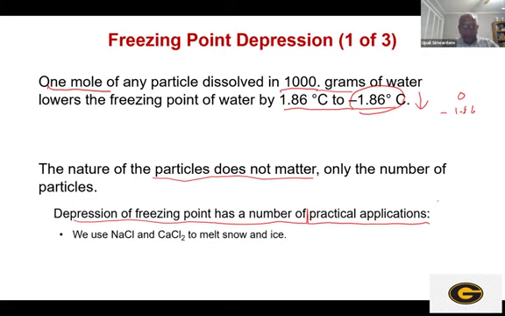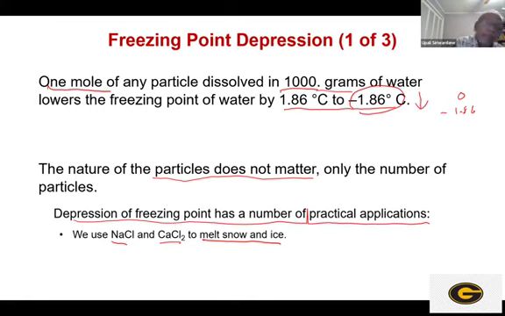We can use either sodium chloride or calcium chloride to melt snow and ice. Both are soluble in water and form a homogeneous mixture.